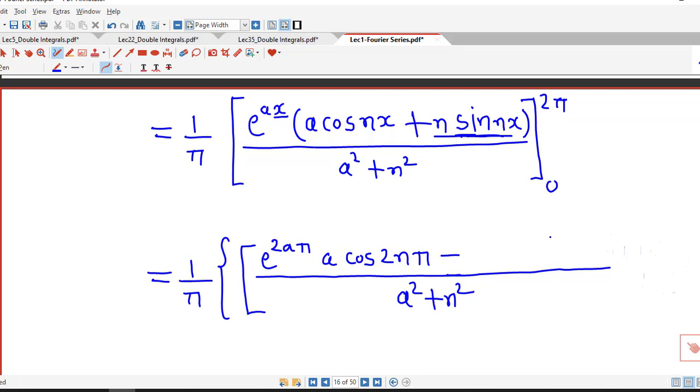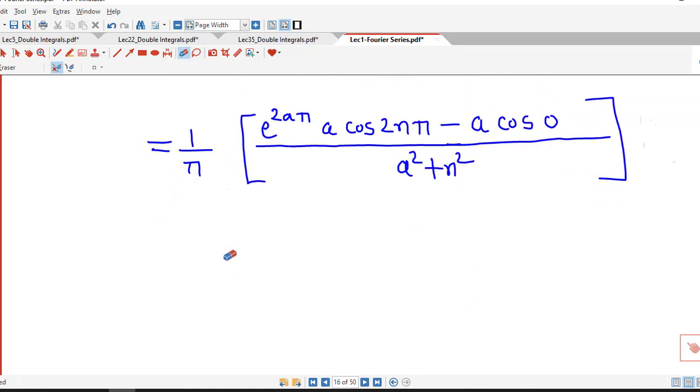Now we put x equal to 0. Again sin 0 is 0, cos 0 is 1, e raised to 0 is also 1. So we have minus a. We can write one more step: cos 0.